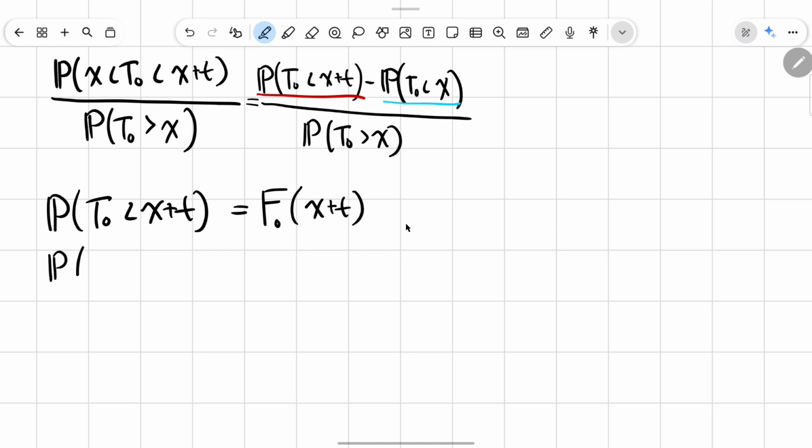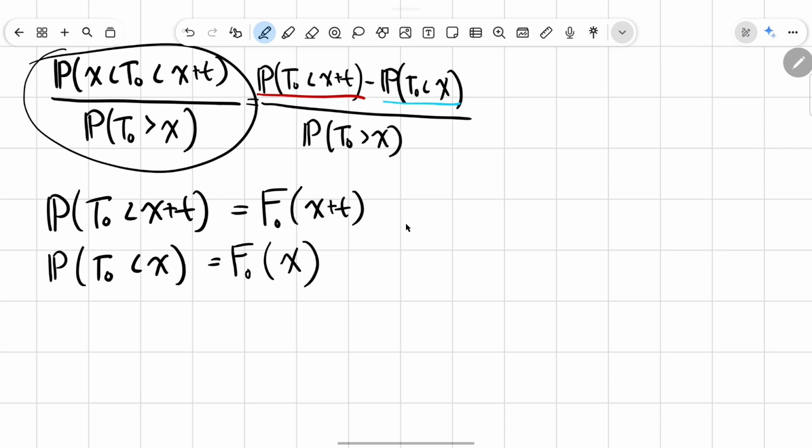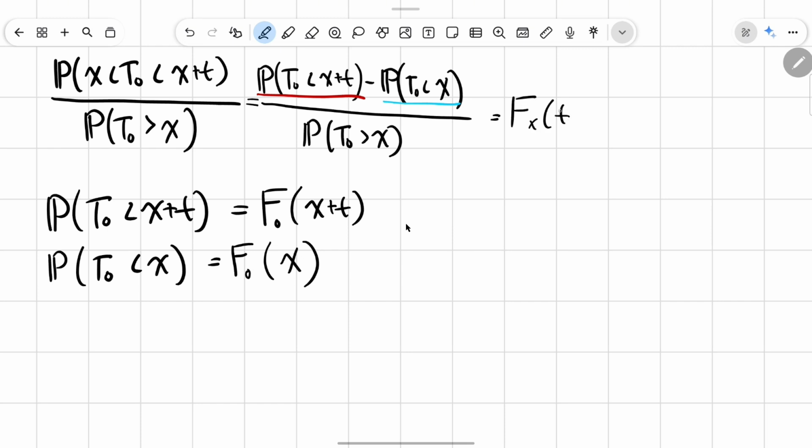Whilst the probability of T0 less than x is just asking what is the probability that the person age 0 will die within x years. So it's just F0 of x. So now we can write this whole equation. Remember, everything here is just equal to Fx of t.